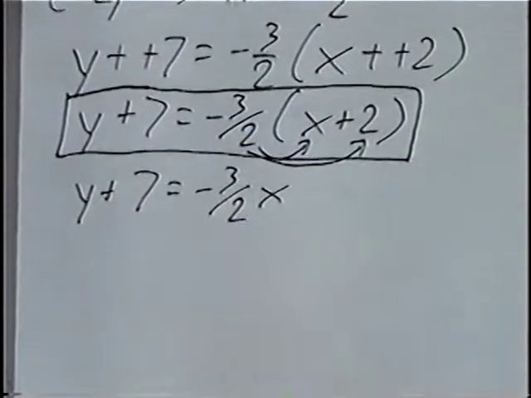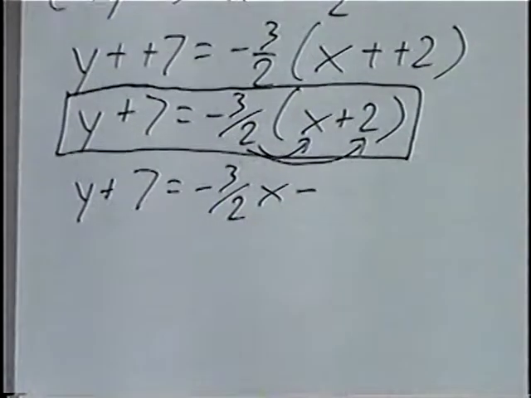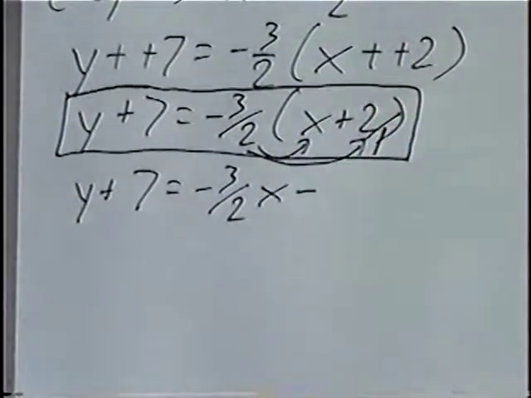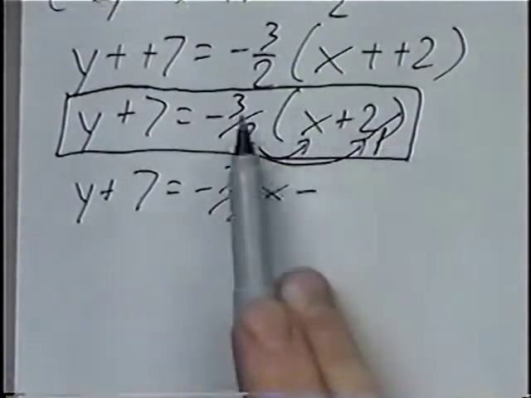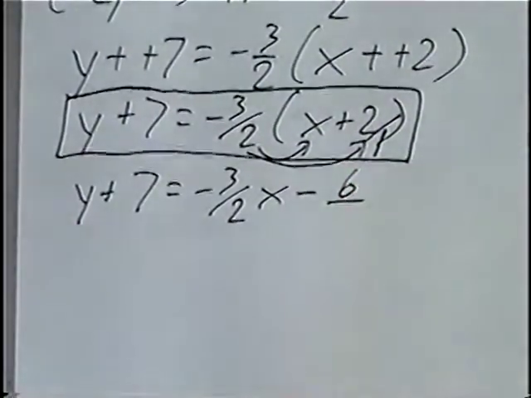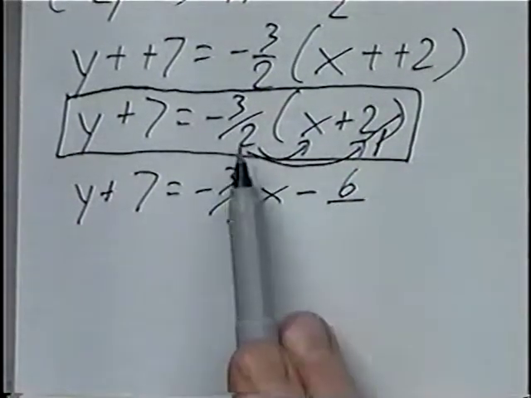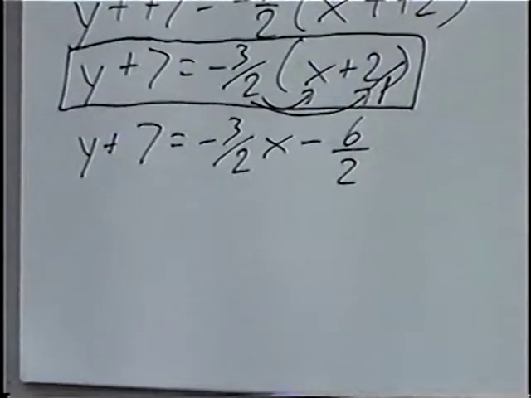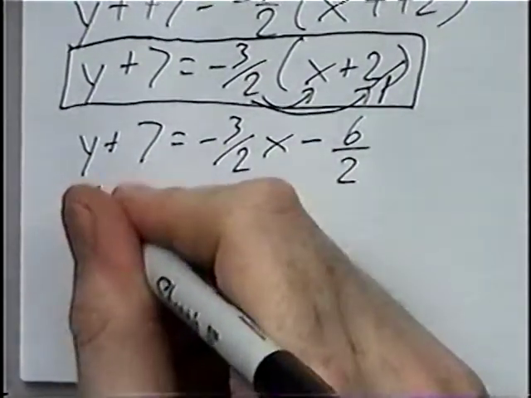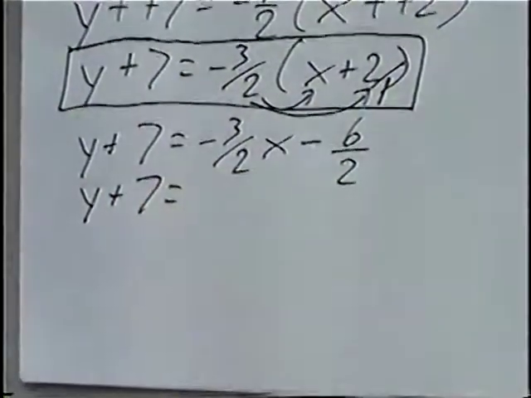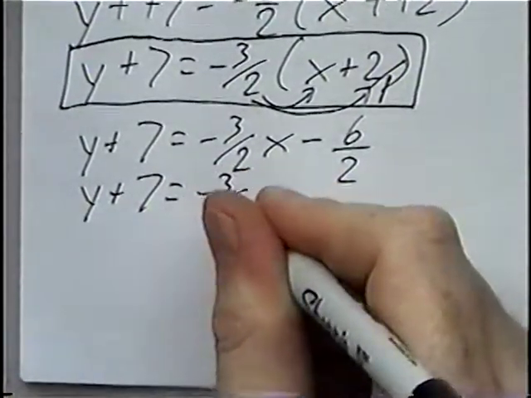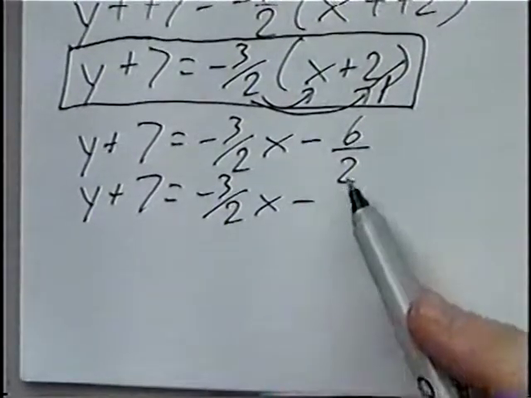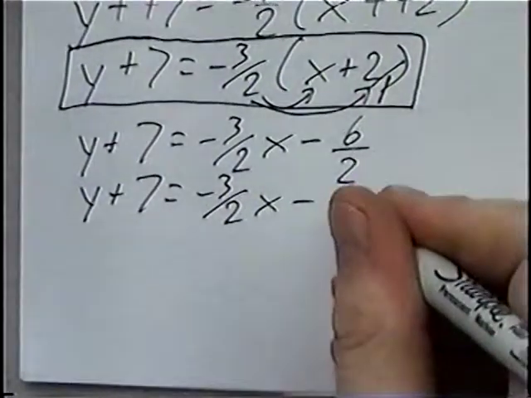A negative times a positive would be negative, and the 2 we can make a fraction, put it over 1. Multiplying 3 times 2 would be 6, and the denominator 2 times 1 would be 2. Simplifying, y plus 7 equals negative 3 over 2x minus 6 divided by 2, which would be 3.